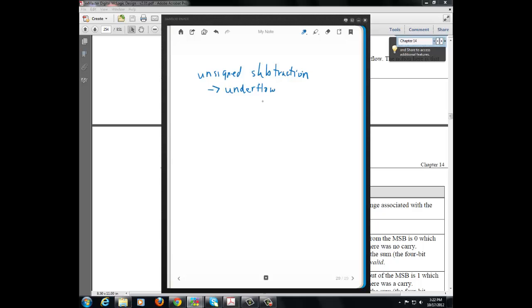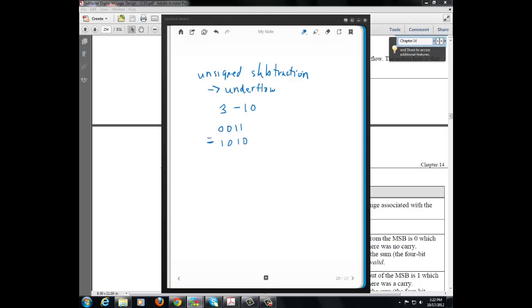Underflow is the case where you're going to end up with a negative number and you can't represent that in the unsigned world. So let's see what that does. Let's say we wanted to do the operation of 3 minus 10. Here's the number 3 in unsigned binary, and here's the number 10 in unsigned binary.